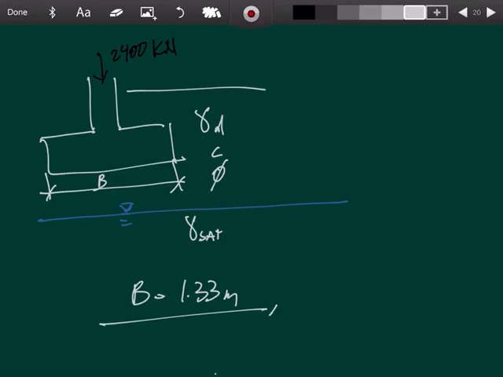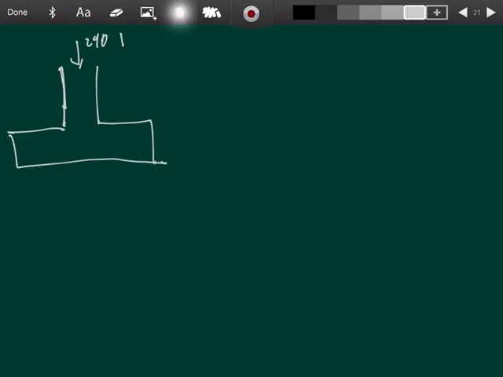Okay? What if class? Ang next question naman natin, what if dyan sa problem natin ay itong ating footing that carries 2,400 kilonewton na load.